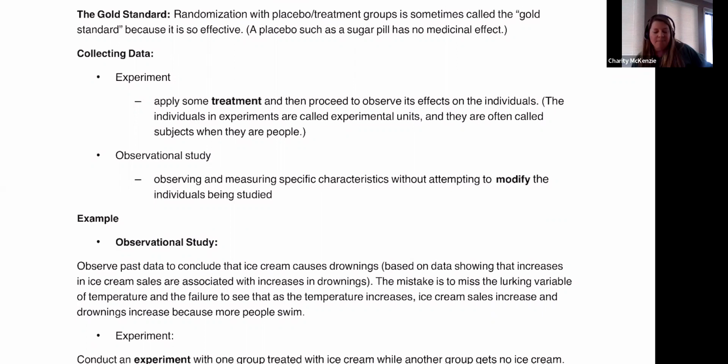You're not modifying them at all, you're just writing down characteristics from them. So for an experiment, I might be actually giving people a medication. For an observational study, I might be writing down how many people take business calculus or something like that, okay?